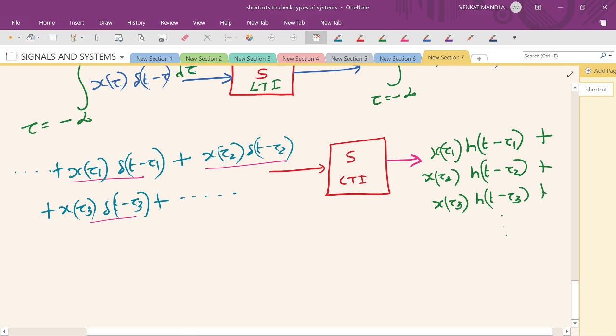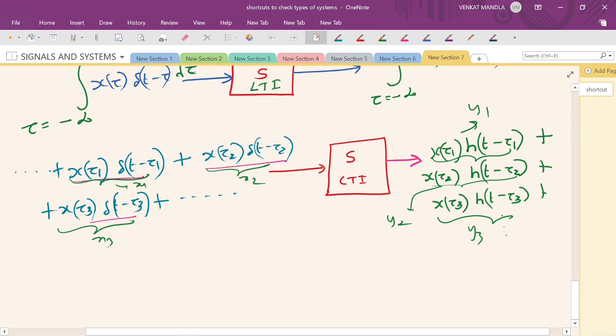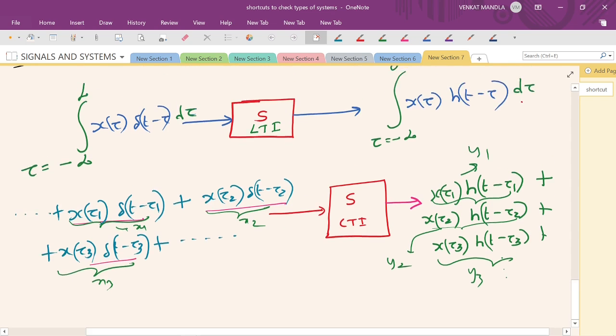Because this is a linear system, it has to obey superposition. Let us say these are y1, y2, y3, and so on, and the totals at the input are x1, x2, x3.